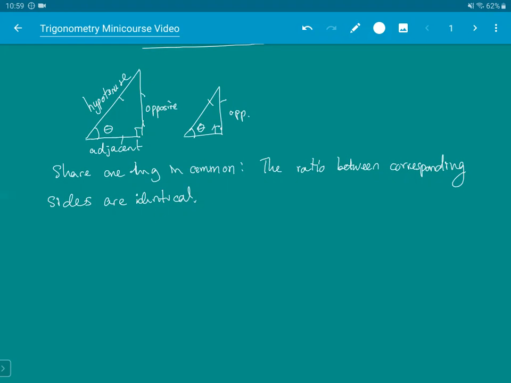So when we say that the ratios between corresponding sides are identical, what we mean is, regardless of which triangle you choose, the ratio between the opposite and the hypotenuse will be the same, as long as they both have this angle theta.